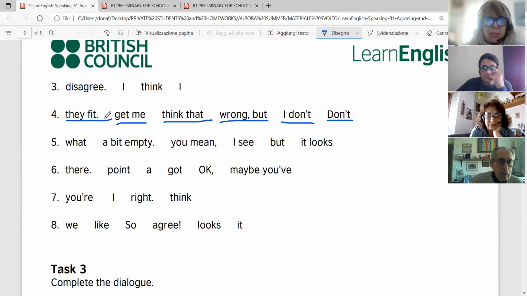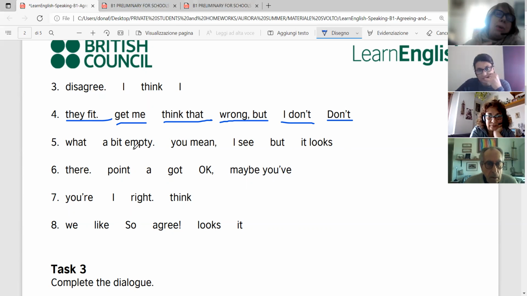Okay, this is another very common expression. Don't get me wrong. Quindi, ok, la traduzione quale sarebbe? Non mi fraintendere. Oppure non te ne avere a male, noi possiamo anche dire, no? Che è un po' la stessa cosa, non correre a conclusioni, però diciamo che non prenderla nel verso sbagliato anche.